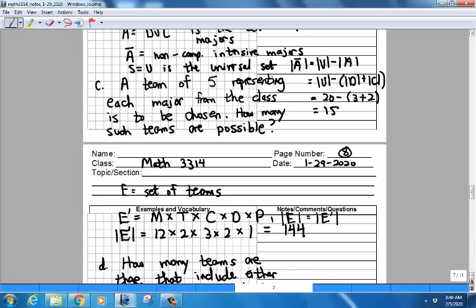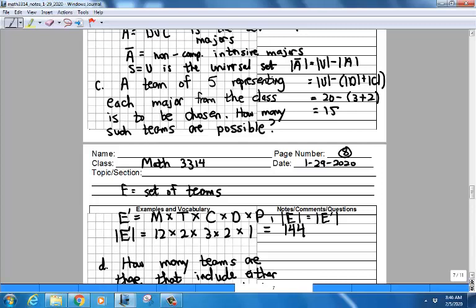So we have to rely on, I think, the last theorem that we introduced here, the theorem about the size of cross products, because we can use a cross product here as the model for the set of teams from the class. What was that cross product? Well, that was pretty easy.